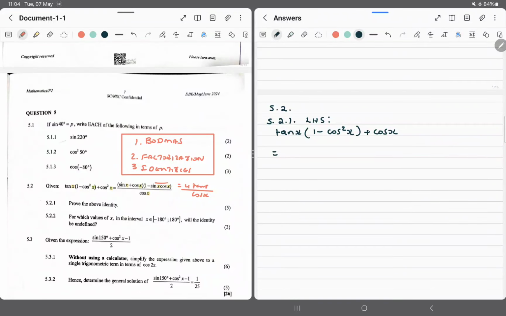Okay, so let's do this. Now we're not going to try and use, this is a square identity. This is effectively sine squared x. But because we want as many terms as we can, we are going to FOIL this out instead.